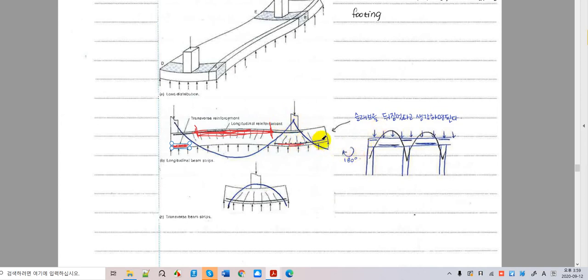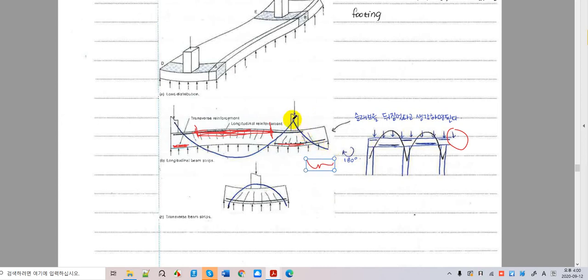And what about here? This is this portion. Okay, let me see the bending moment diagram at the cantilever part. This is the cantilever part from the foundation perspective.